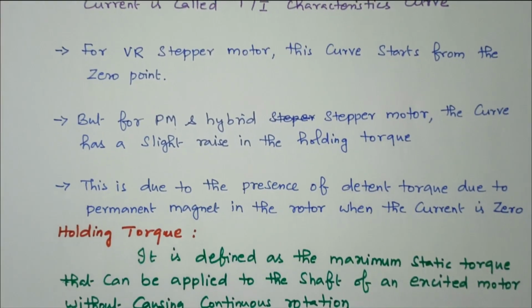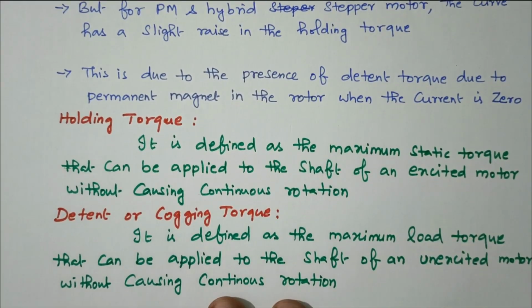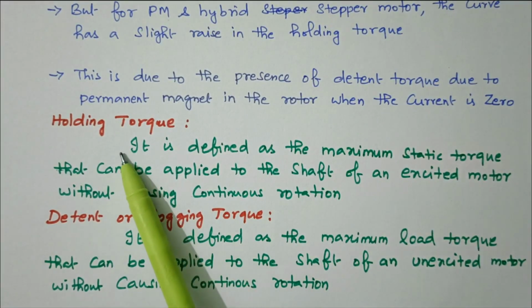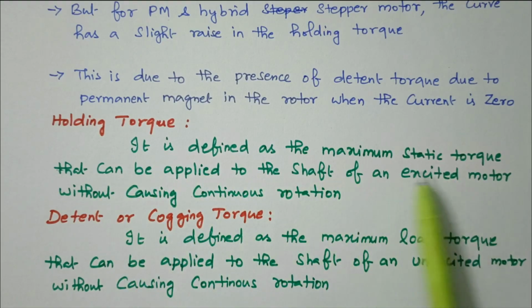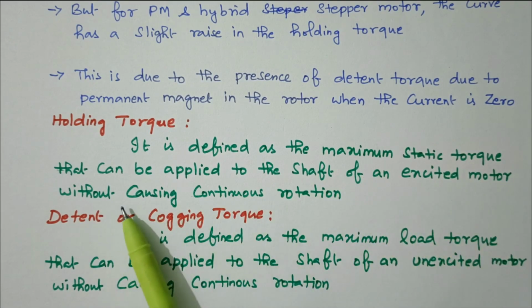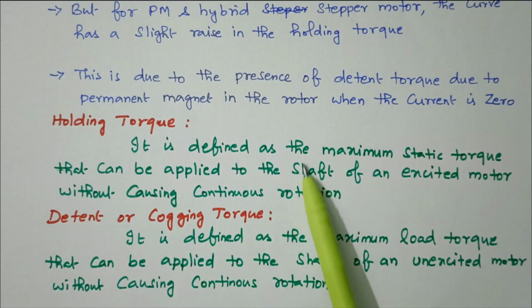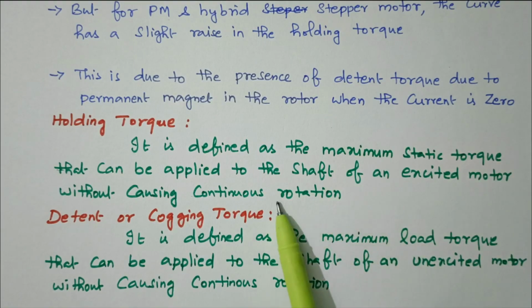Now we'll see what is meant by holding torque and what is detent or cogging torque. Holding torque we already discussed. It is defined as the maximum static torque that can be applied to the shaft of an excited motor without causing continuous rotation. So maximum torque that can be applied without continuous rotation.